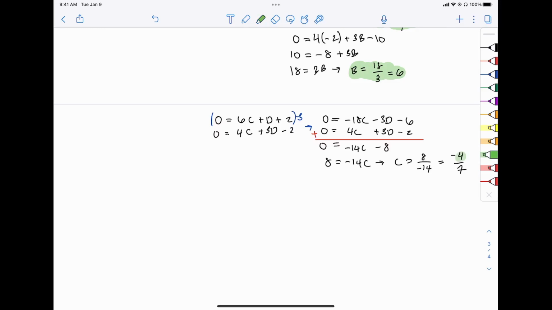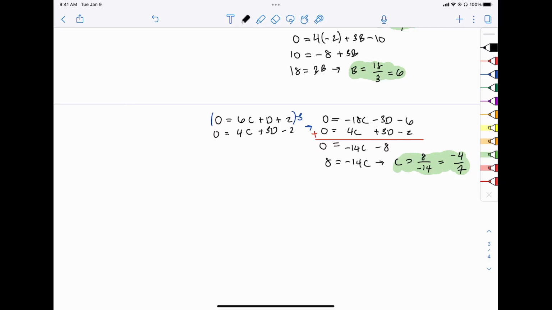Okay, almost there. As you can see, undetermined coefficients is really time consuming. But let's keep chugging forward. So now we just need to plug c into the second equation.